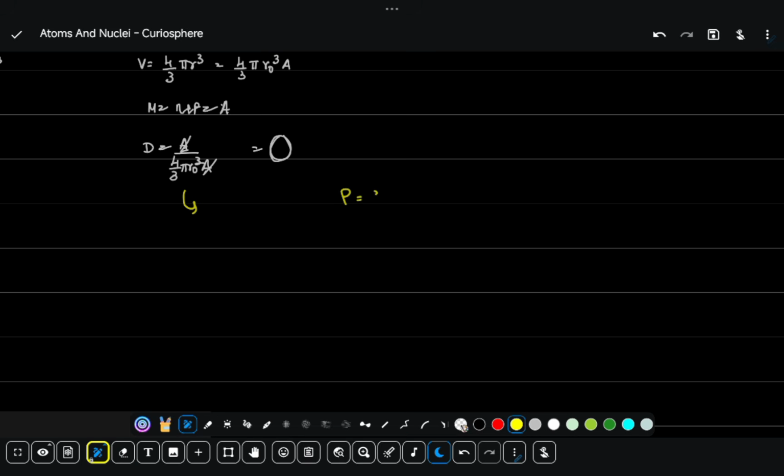Rho is equal to 3 by 4 pi R naught cube. I think there's a term missing here. Average nuclear density.